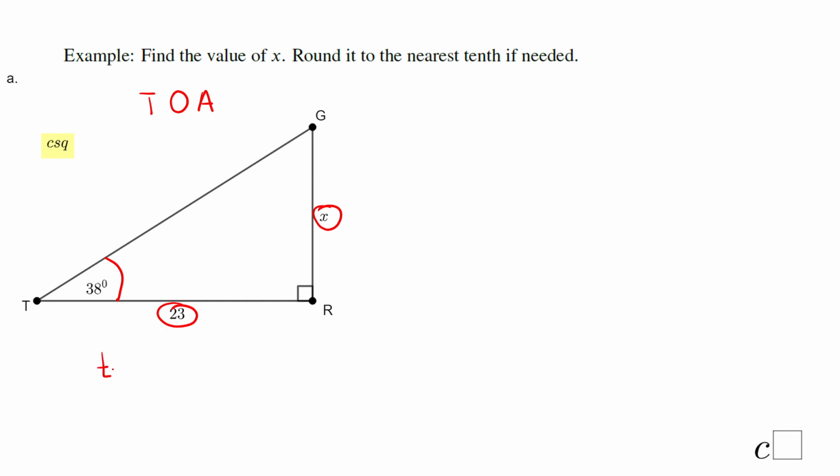Tangent of 38, the angle T, equals opposite leg over adjacent leg, x over 23. Multiply by 23, very similar to the other problem. To get rid of this 23, I'm going to multiply by 23 the other side, so we have the exact answer, x equals 23 tangent of 38.